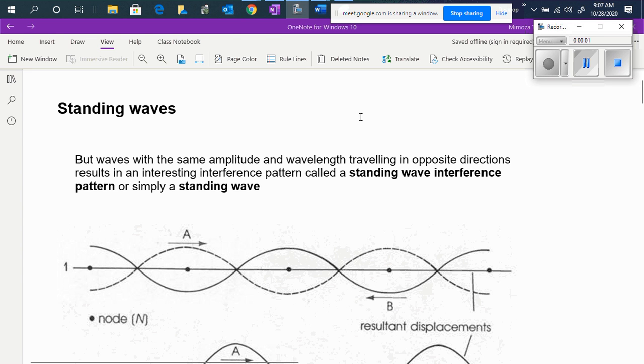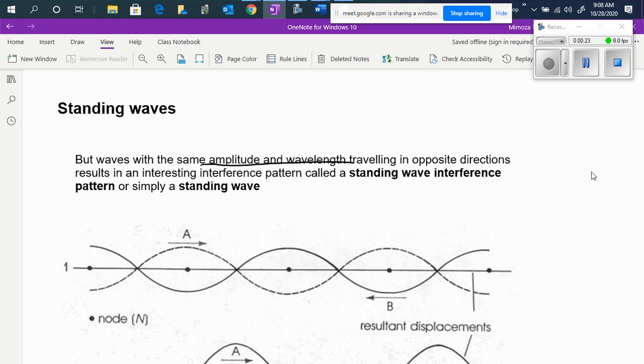Standing waves and resonance, and then we will move to Doppler effect. So waves with the same amplitude and wavelength traveling in the opposite direction create an interference. Remember what we said yesterday about the interference?